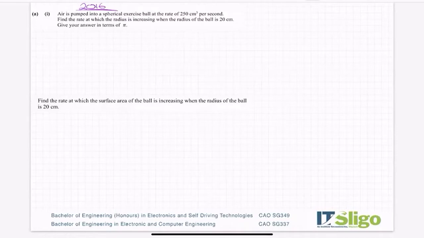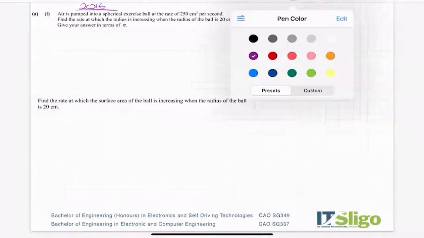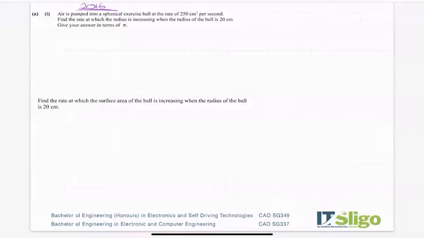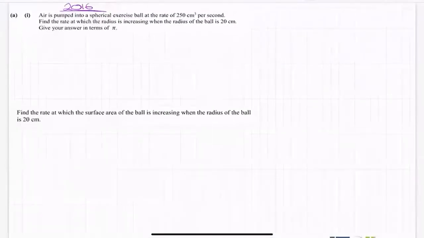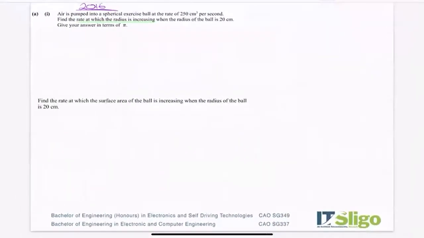Okay, a lot of students really struggle with rates of change questions. So let's tackle this one. Find the rate at which the radius is increasing. That's the first thing I look at. When you see a rate or a rate of change like that, it is with respect to time.